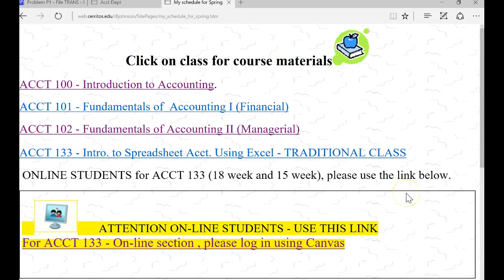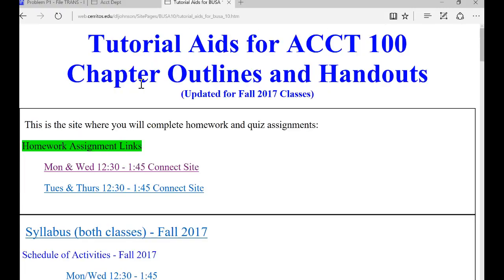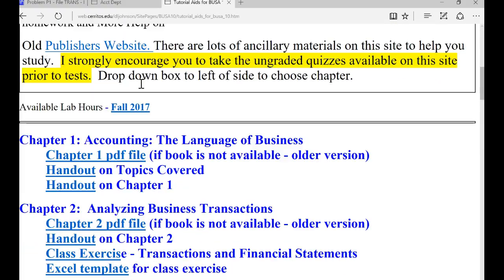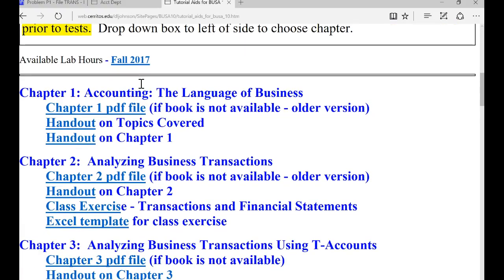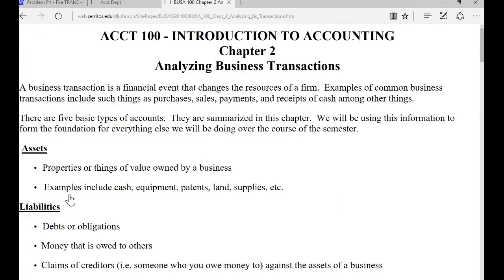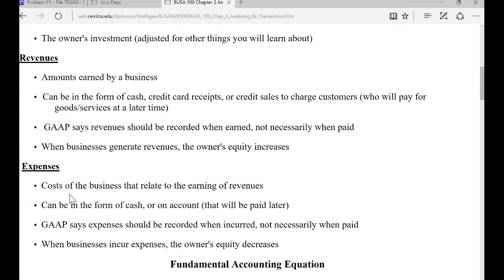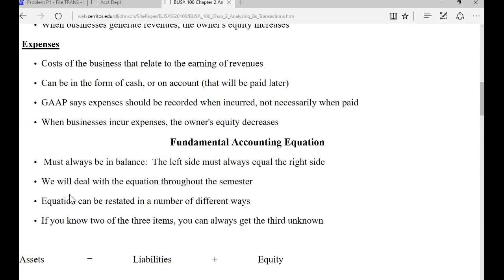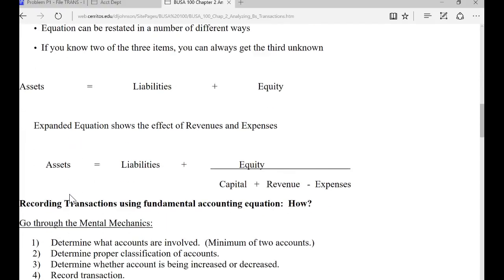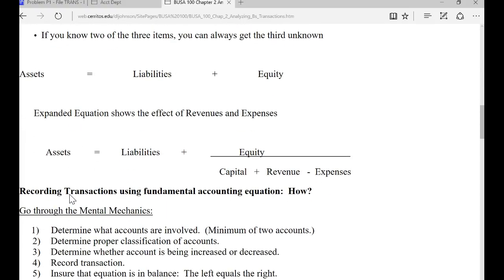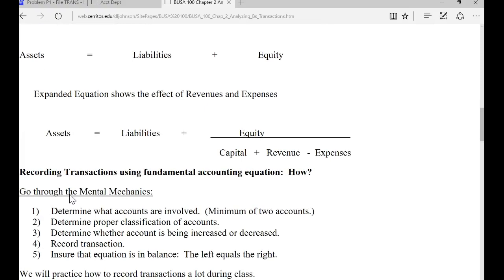And if you've forgotten or need to brush up on any accounting concepts, chances are you can find it in the Accounting 100 tab. For example, right now we're talking about basic business transactions. And so I have handouts on my website of all the different things that we talked about in Accounting 100. So if you are a little rusty, don't hesitate to go here. And like I said, this will just kind of reinforce what you should already know.